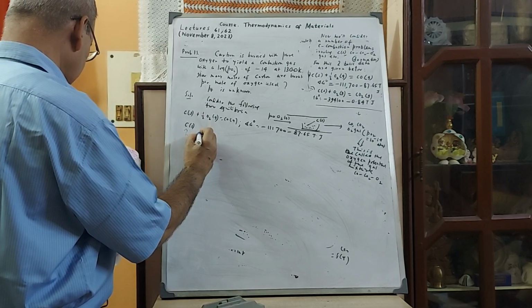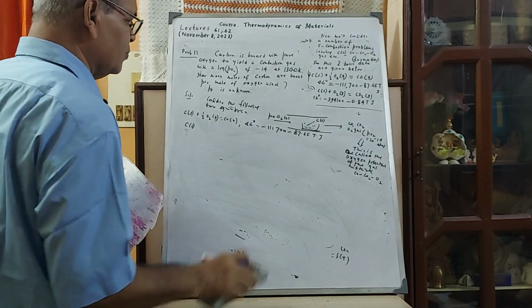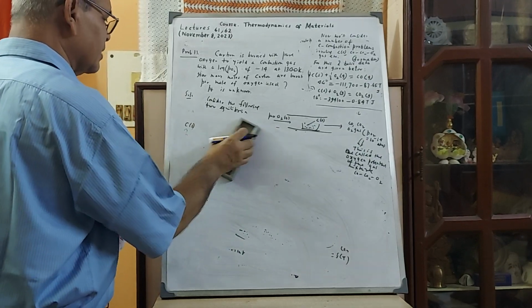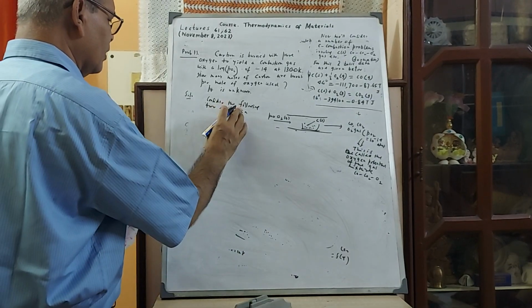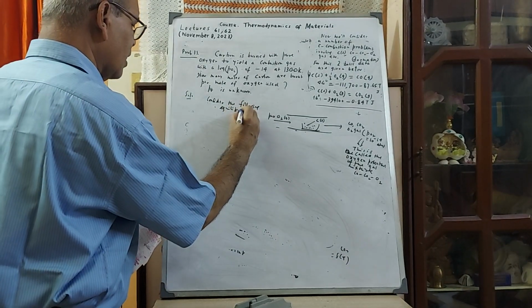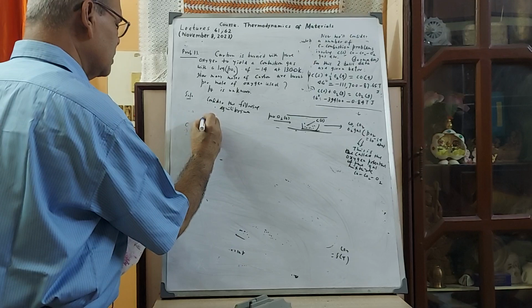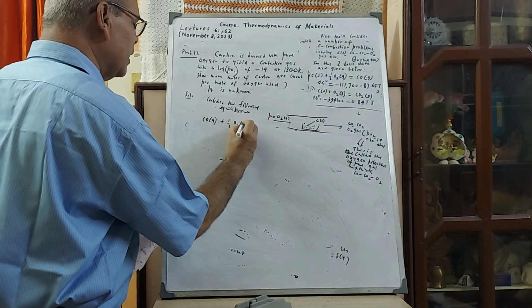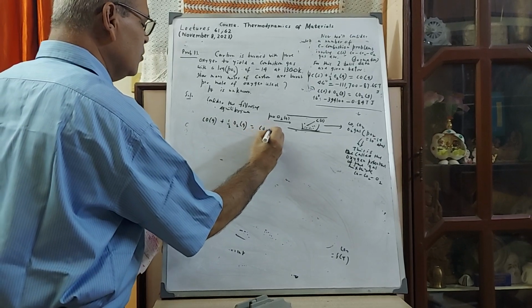I'm very sorry. Oh no, it is written there. It is already written there, on the right hand side. It is saved. Following equilibrium, I'm writing. You follow with me. CO gas, that one. You are familiar with this already. This equilibrium I am considering.